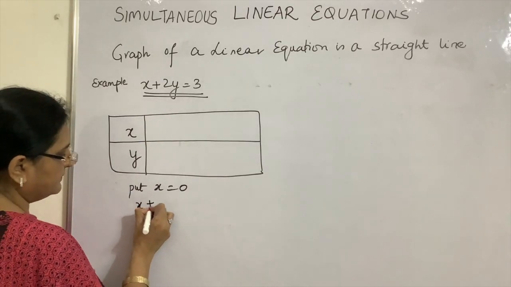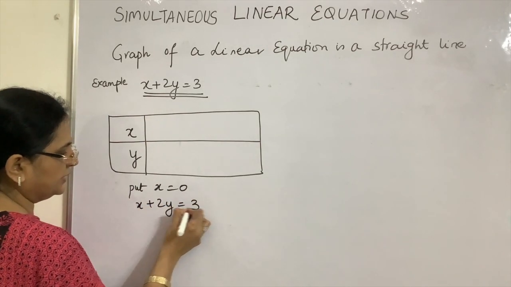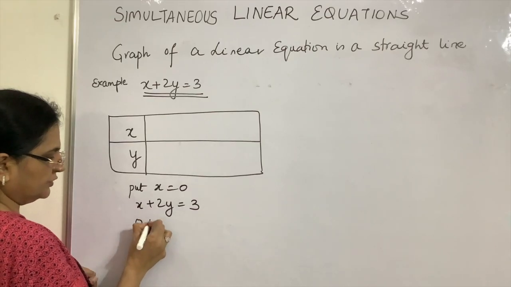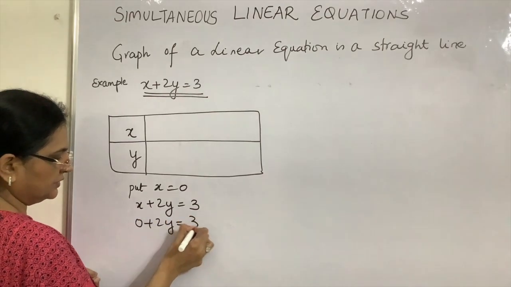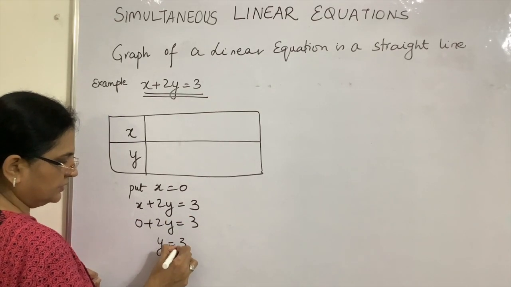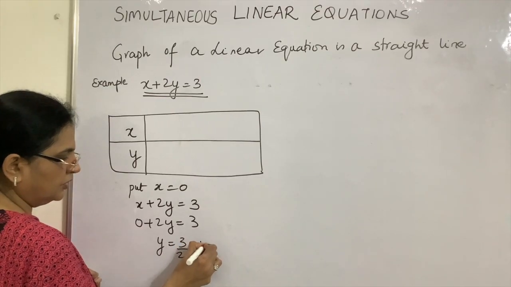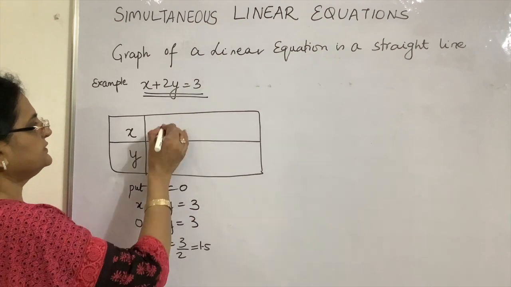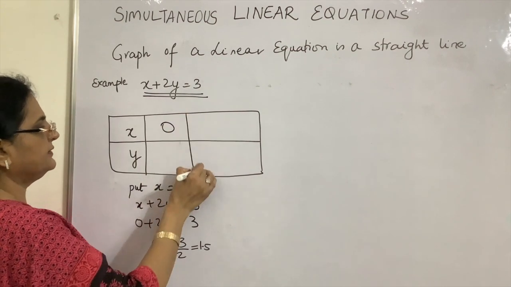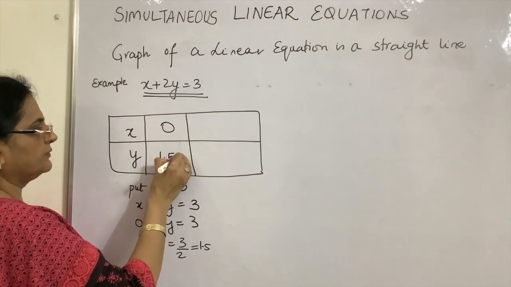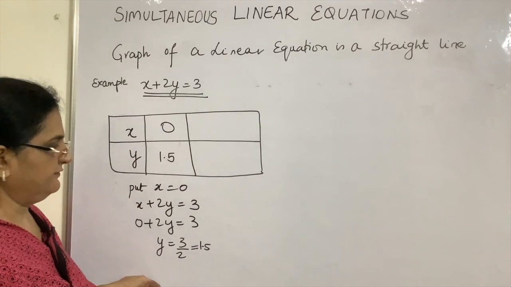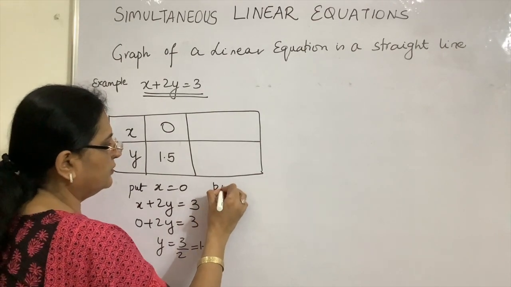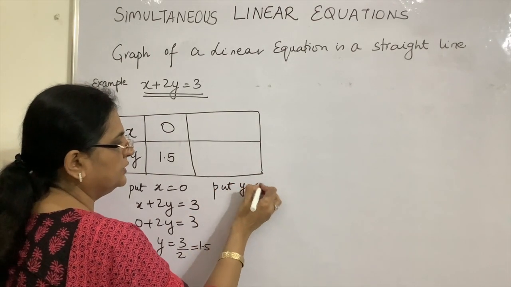What is the equation? x plus 2y is equal to 3. Put x is equal to 0. 0 plus 2y is equal to 3. So y is equal to 3 upon 2, or it is 1.5. So if you put x is equal to 0, you get y is equal to 1.5. Next, put y is equal to 0.